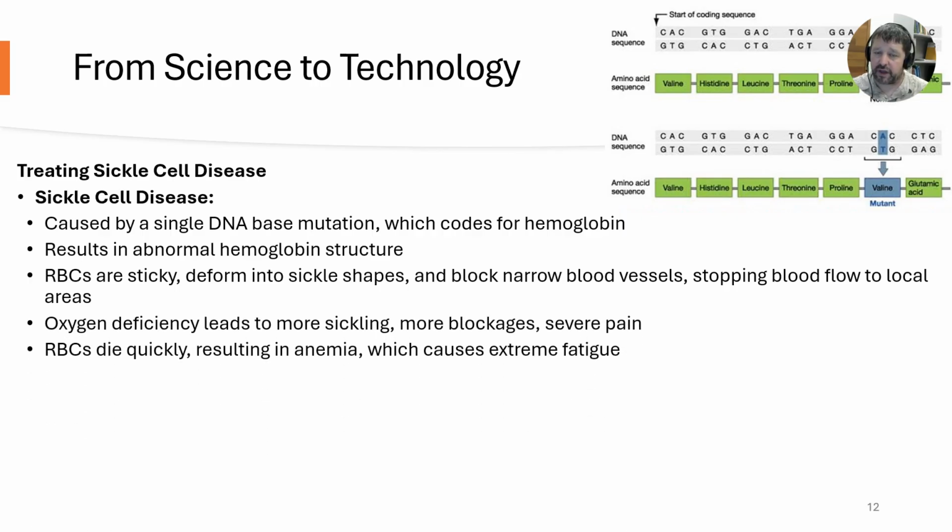Because of the shape and the inability to move through vessels and capillaries, often regions will be devoid of oxygen, so it'll start to deteriorate and they'll start to die. The metabolism is breaking down, etc. So it can create severe pain. Metabolism rate also goes down. It can also create anemia. So often individuals who have sickle cell are typically extremely fatigued. Okay.